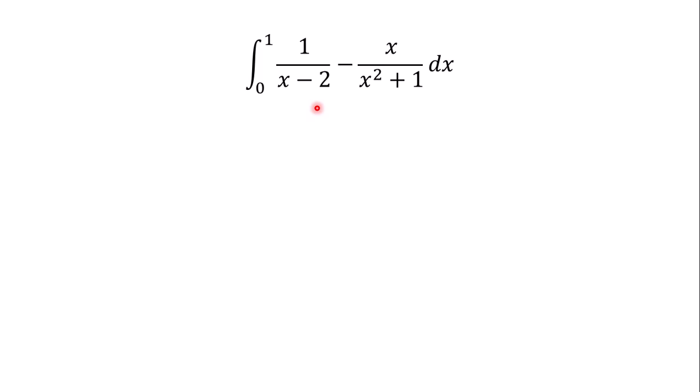This one you're going to split into two separate integrals, whereby it will be 1 over x minus 2 dx minus x over x squared plus 1 dx. Now we can write the answer for this one, and you can also write the answer for this one. So we are not going to split them before we solve.